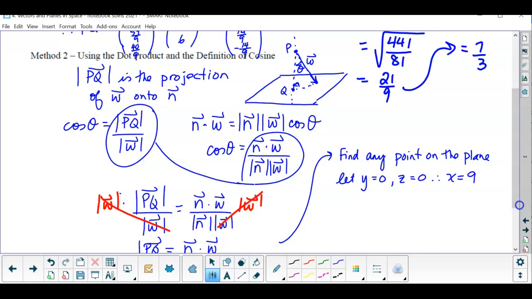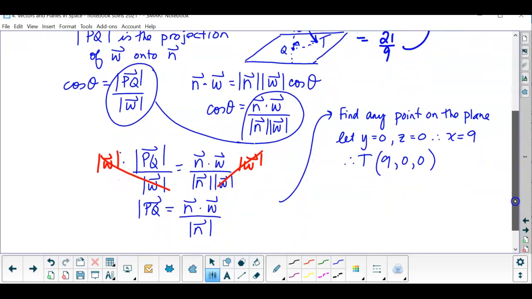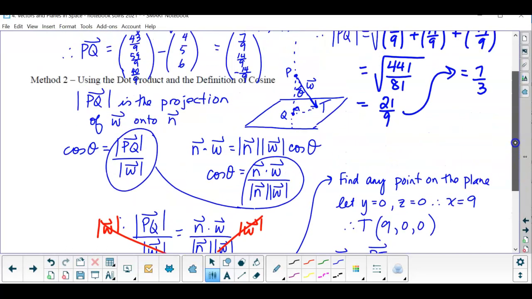So what point do you want to call this? T. T is 9, 0, 0. Okay, that's a point. So therefore W is equal to ET, and that's going to be 9, 0, 0 minus, what was that, 0, 4, 5, 6?